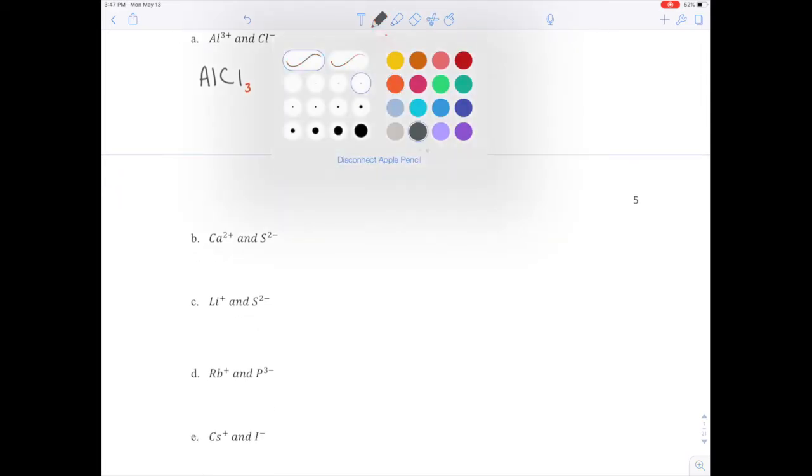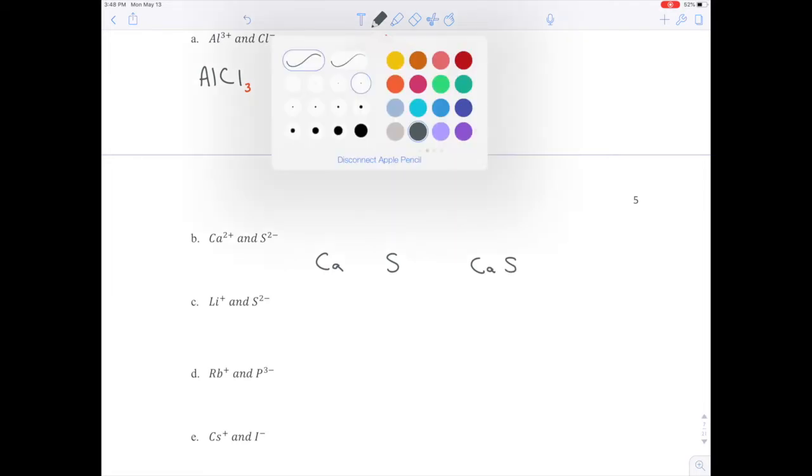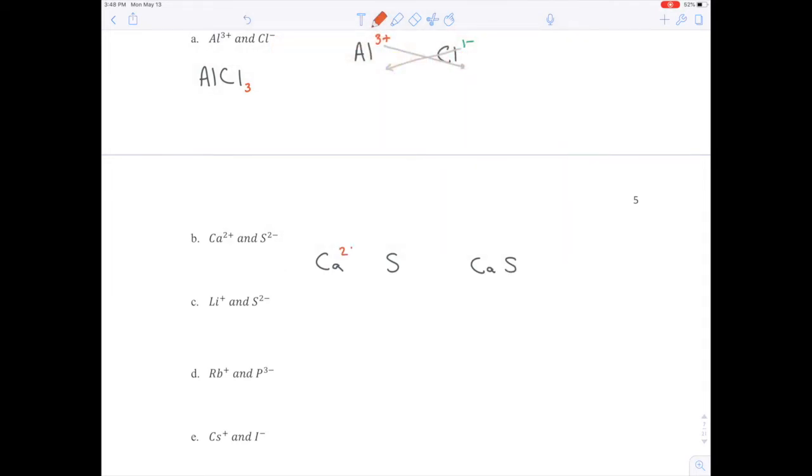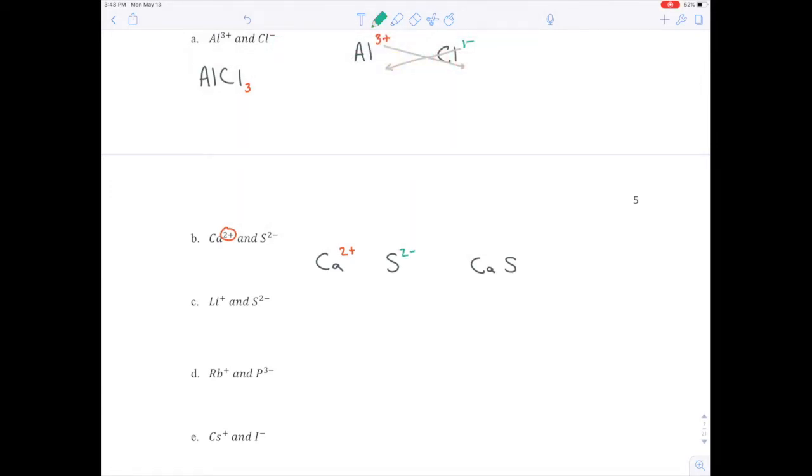How about for B? So for B, I'm going to write each of these, and I'll just write them twice. Okay, so we've got calcium has a 2 plus charge, and sulfur has a 2 minus charge. Now this is an interesting scenario. Remember, our goal is just to get the overall charge to be 0.